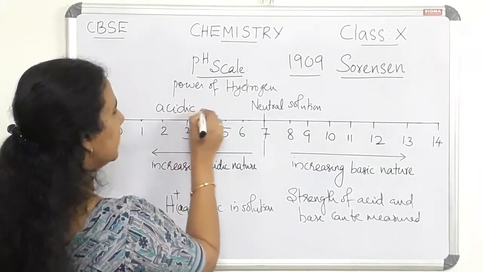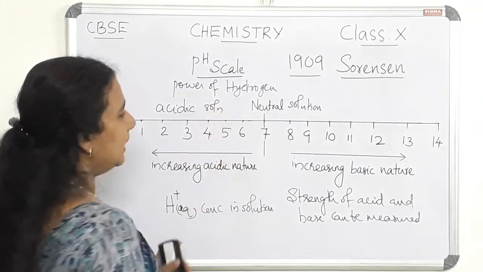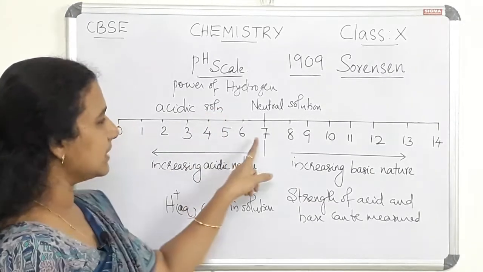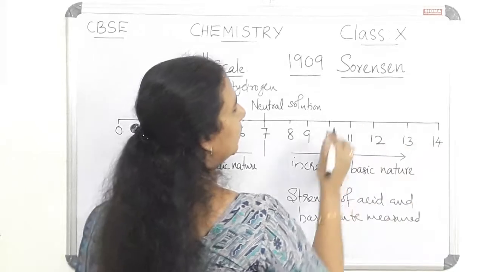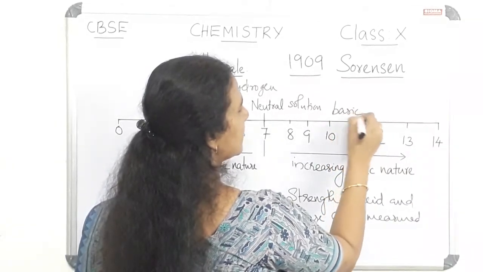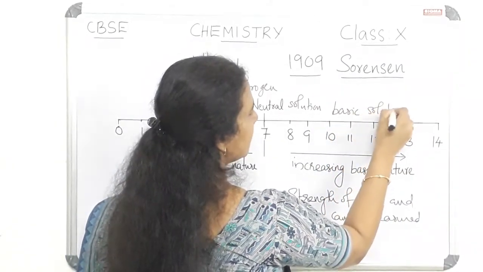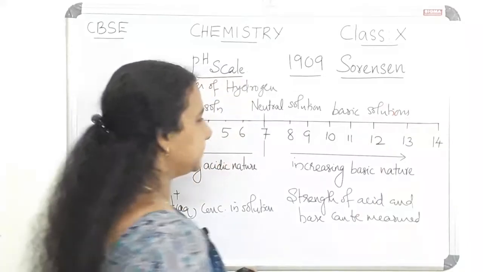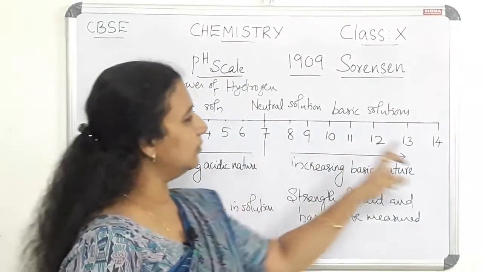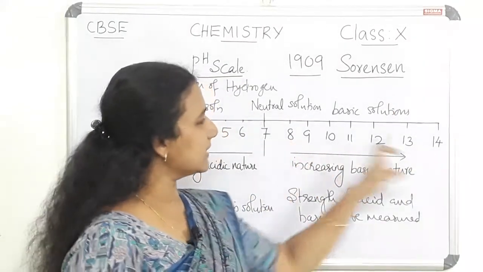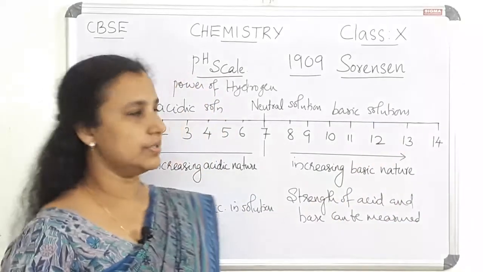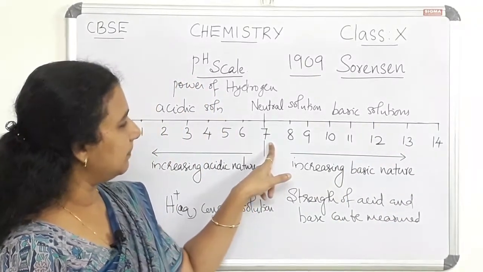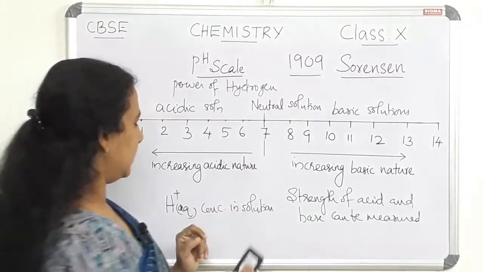All acidic solutions have pH between 0 to 7. If it is more than 7, that is 7 to 14, it will be a basic solution. So basic solutions have pH from 7 to 14, and 7 is the pH of a neutral solution.